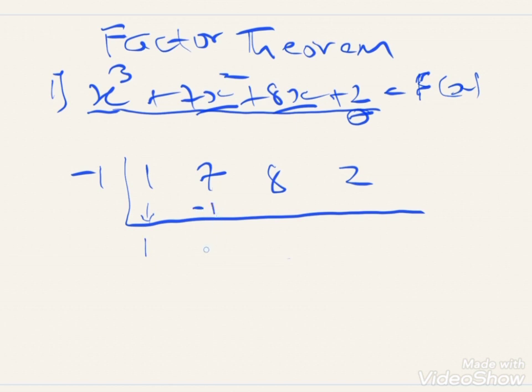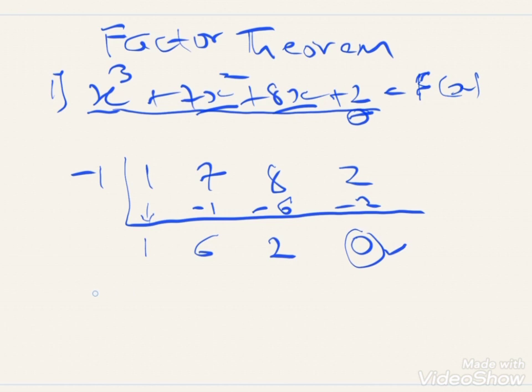Summing 7 and -1, 7 plus -1 is 6. -1 times 6 is -6. 8 plus -6 gives you +2. -1 times 2 is -2. 2 plus -2 is 0. So this is the 0 remainder in this case.